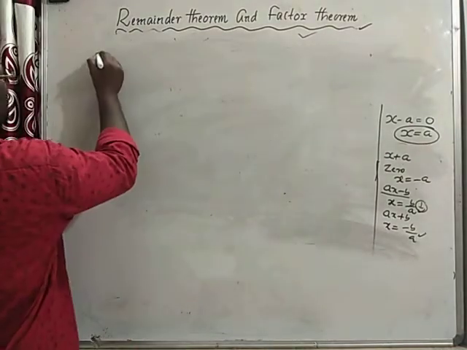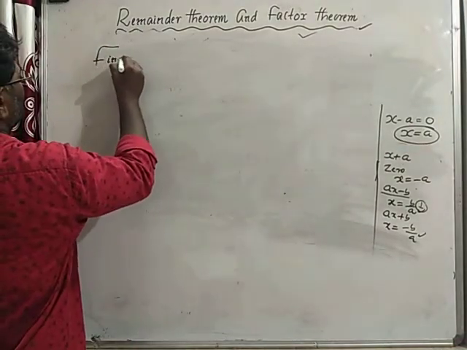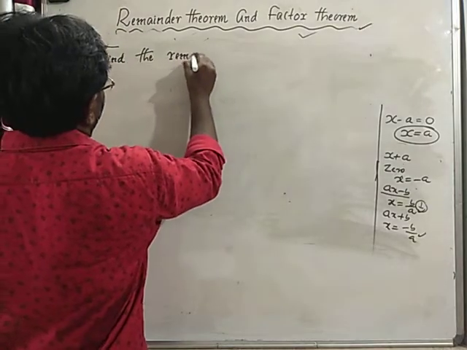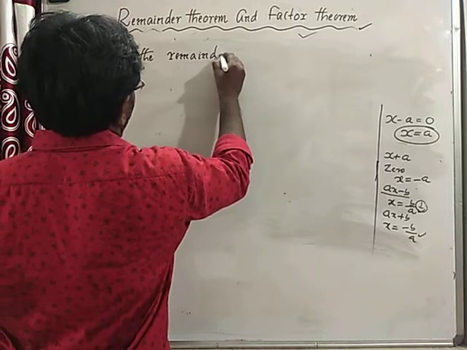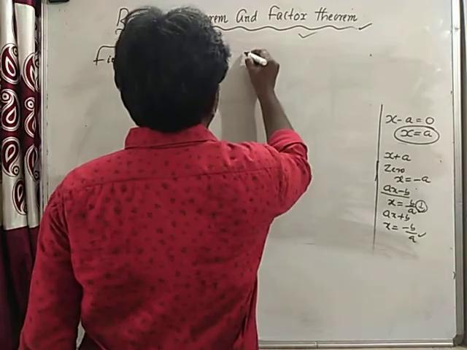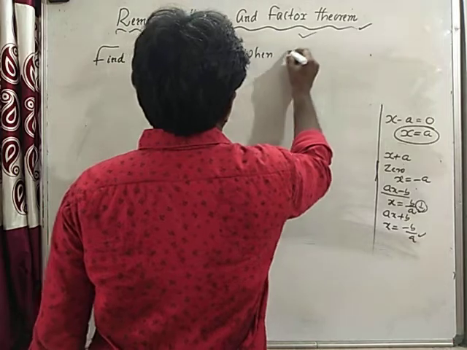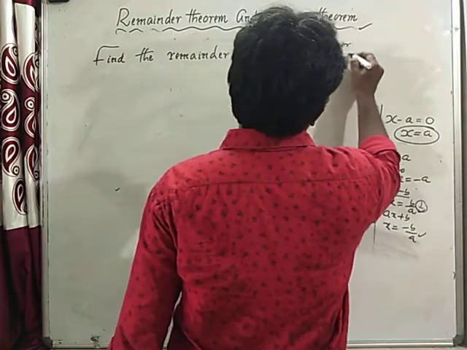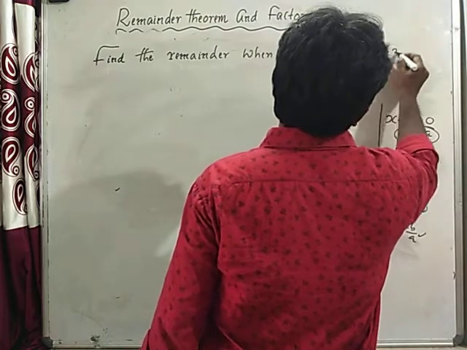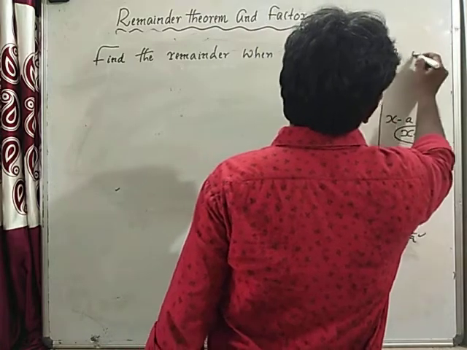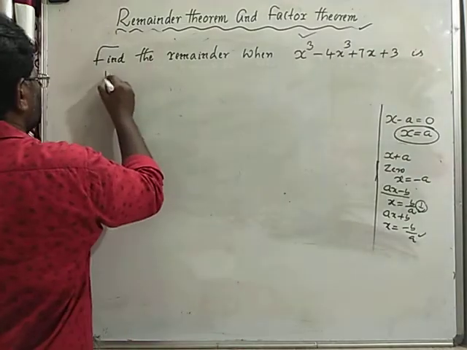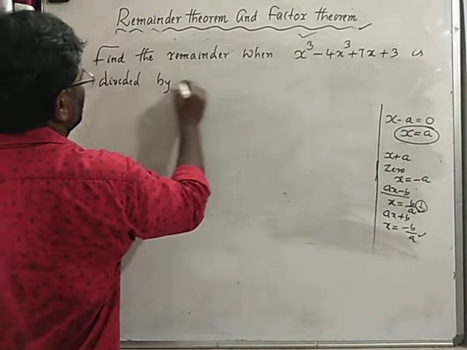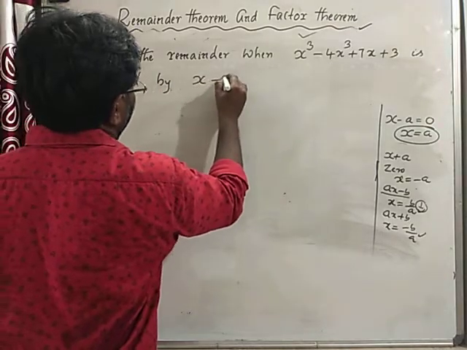Find the remainder when x cube minus 4x square plus 7x plus 3 is divided by x plus 1.